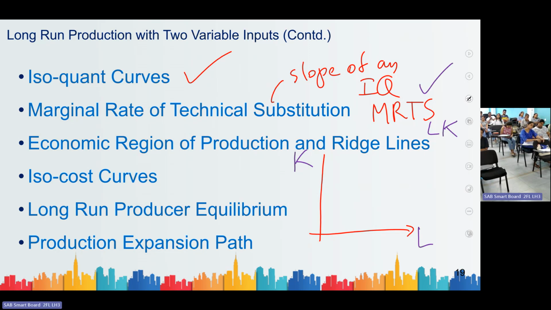Marginal rate of technical substitution of labor for capital. Substitution of labor means we increase labor input. Doing substitution means we increase something instead of another thing. Labor is the thing we substitute, so labor input increases.